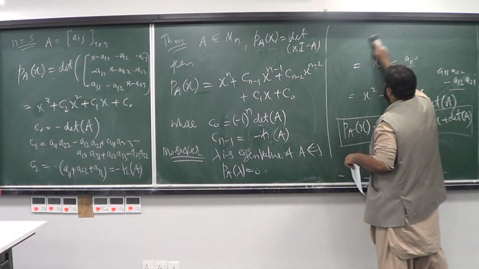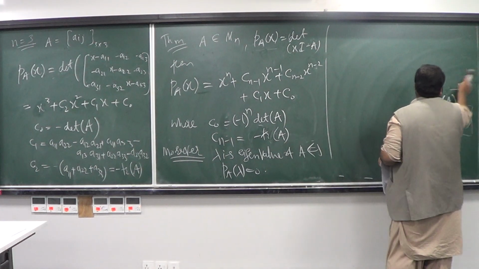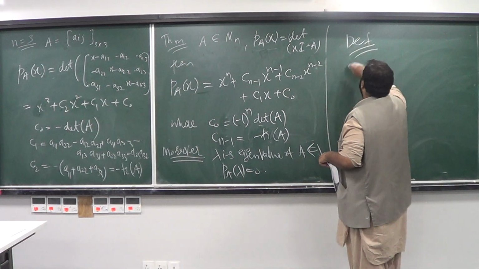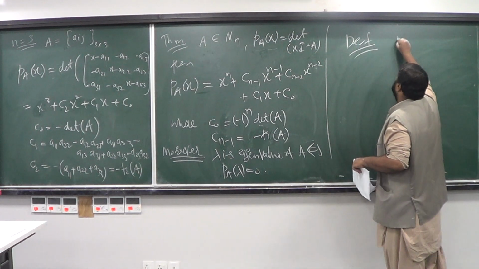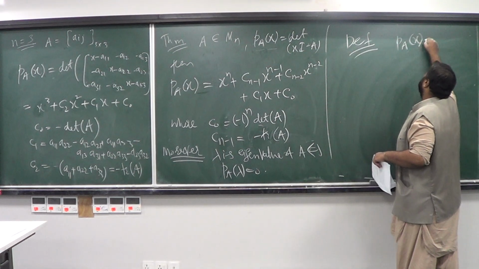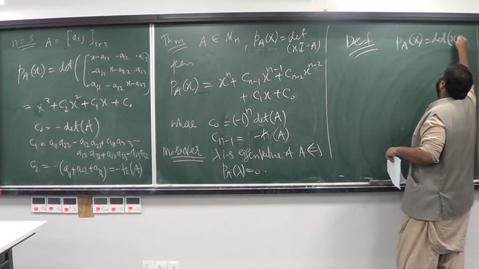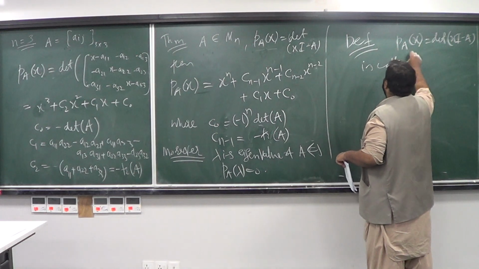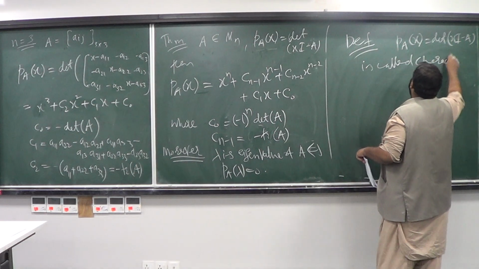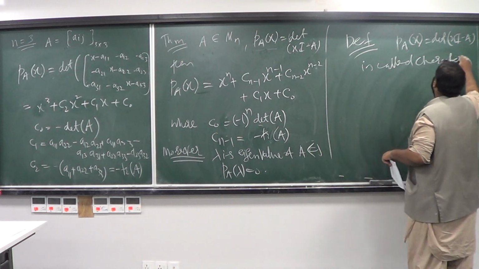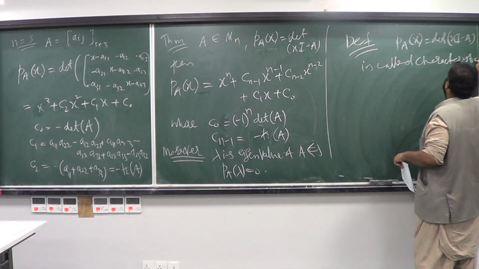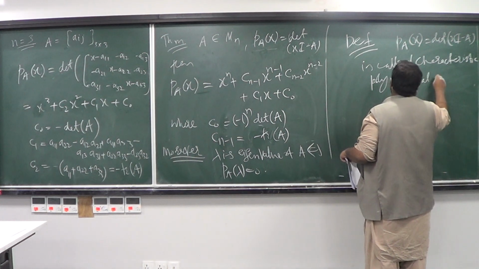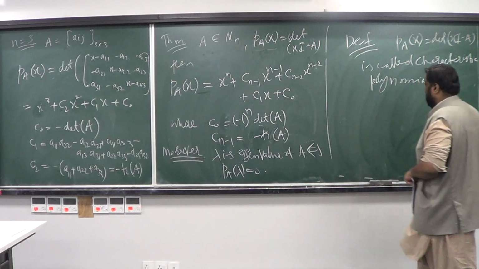We call this polynomial the characteristic polynomial. Definition: this polynomial Pa of x, that is the determinant of xI minus A, is called the characteristic polynomial of A.